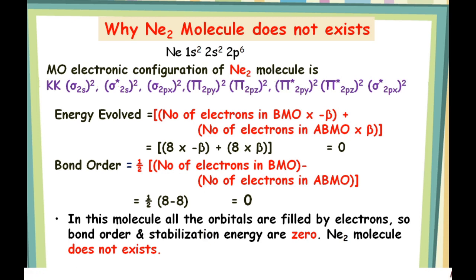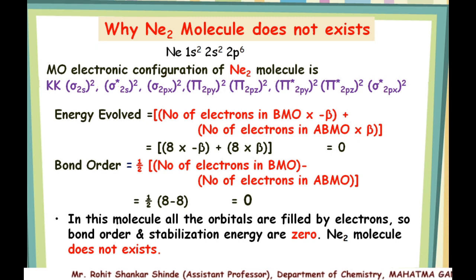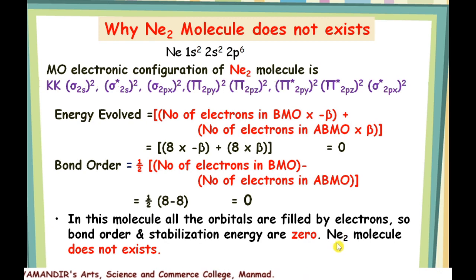Bond order 0 indicates that there is no formation of any type of bond between the two neon atoms, and due to this the Ne2 molecule does not exist. Bond order is 0, stabilization energy is also 0, and that's why the dineon molecule does not exist.